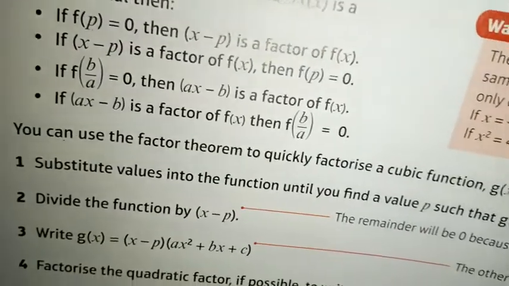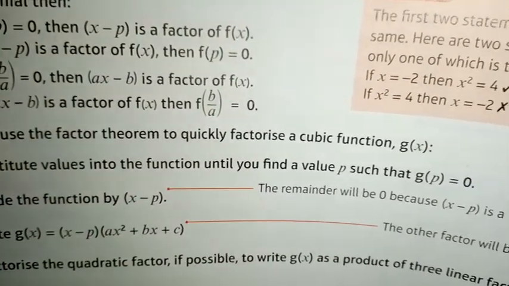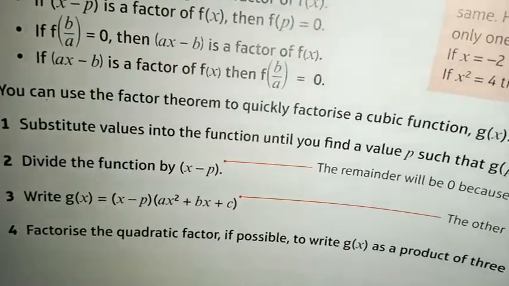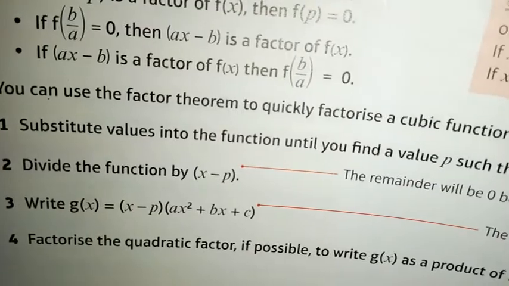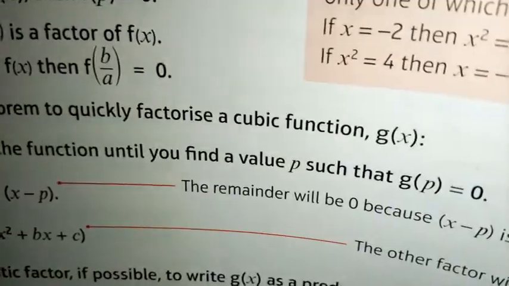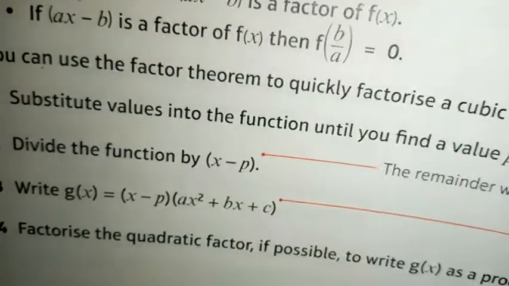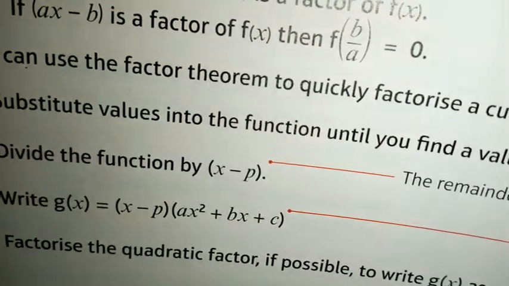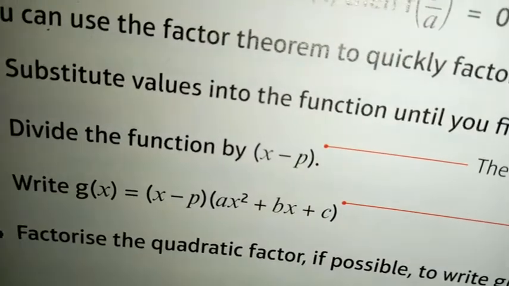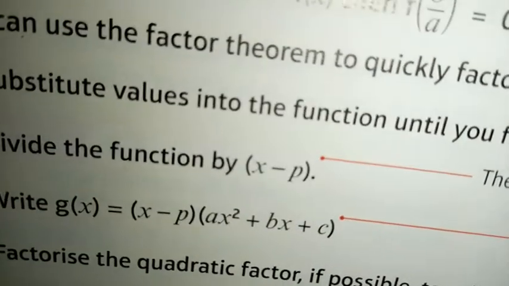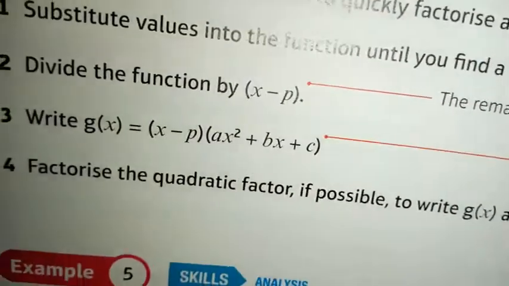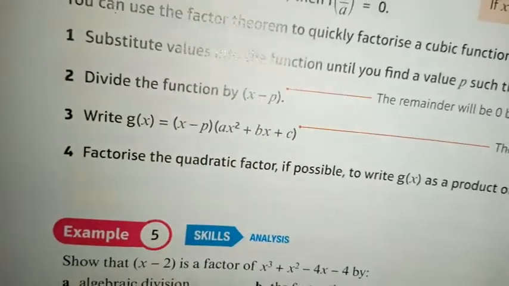So you can use the factor theorem to quickly factorize a cubic function g(x), and there are 4 steps. 1. Substitute values into the function until you find a value p such that g(p) is 0. 2. Divide the function by x minus p. 3. Write g(x) equals x minus p multiplied by the quotient, ax squared plus bx plus c. 4.